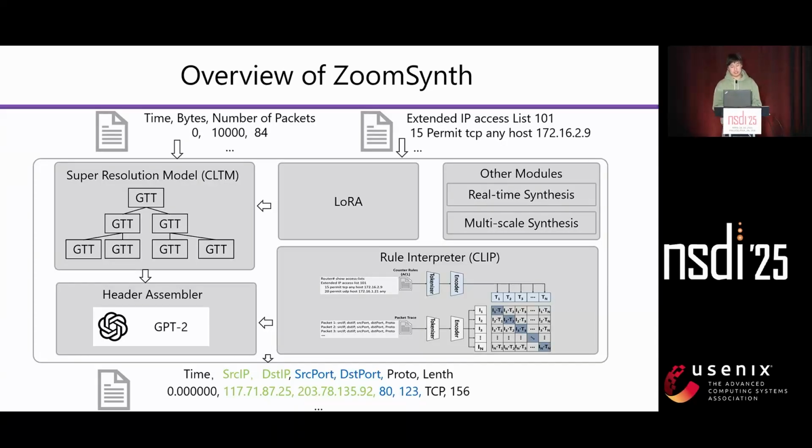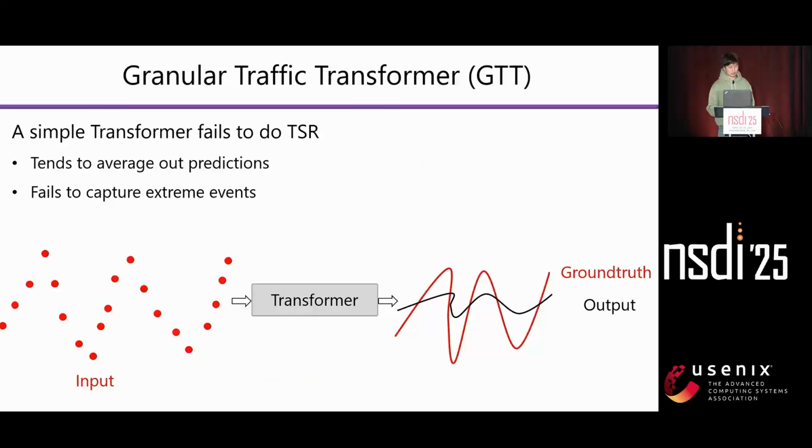And we also design some key modules to enhance ZoomSynth, like a LoRA-based fine-tuning module, which allows for faster migration with minimal training, and a real-time generation module, and a multi-scale synthesis module enabling generation at different granularities.